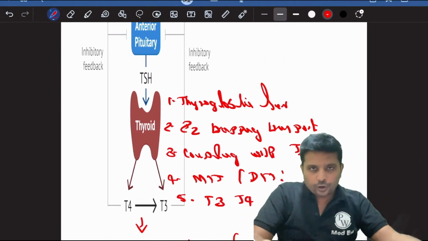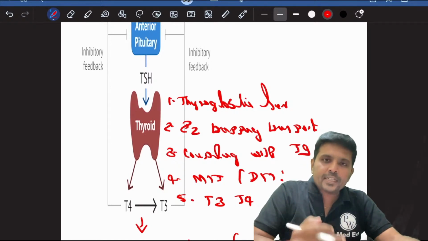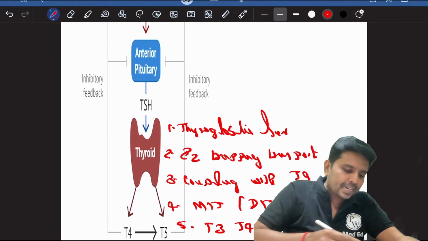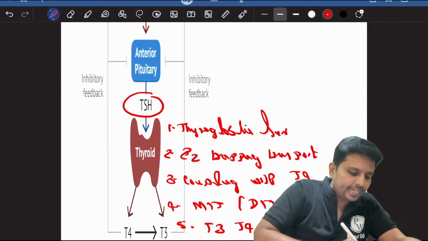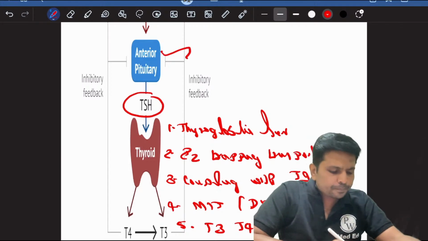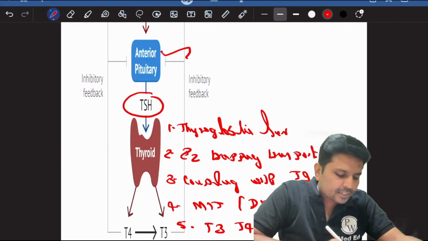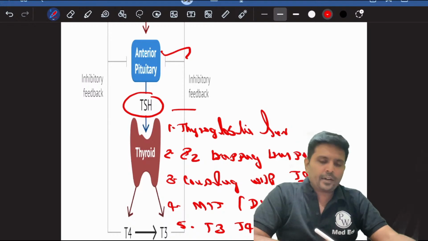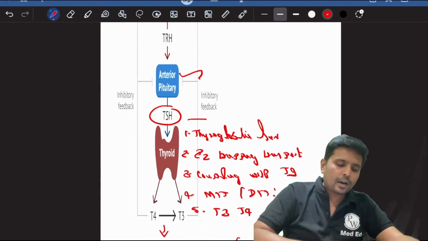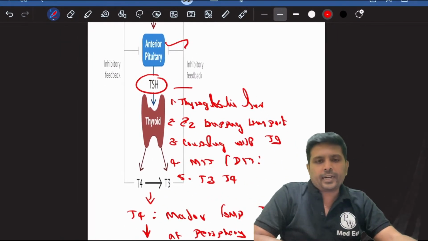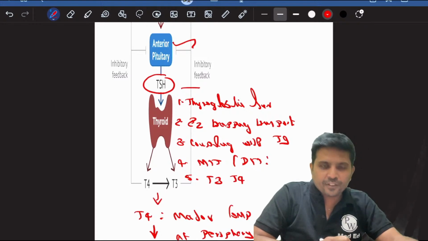And the thyroid will do all these functions once it gets stimulated by the anterior pituitary. This anterior pituitary secretes thyroid stimulating hormone, which acts on the thyroid gland to produce all these functions.